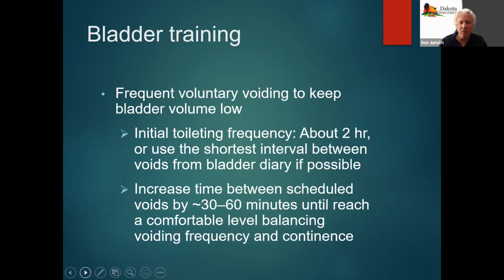And then once you get into that 2-hour schedule, you try to broaden it to about 3 hours, and you try to find the right balancing point between going to the bathroom too many times, which a lot of times is inconvenient, versus the actual episodes of incontinence. Okay, next slide, please.